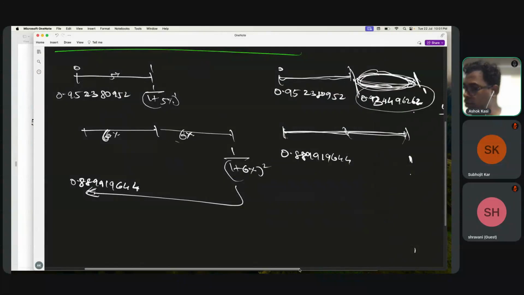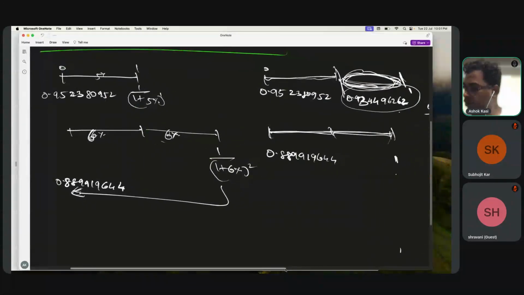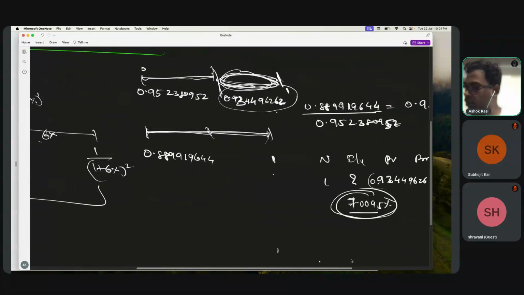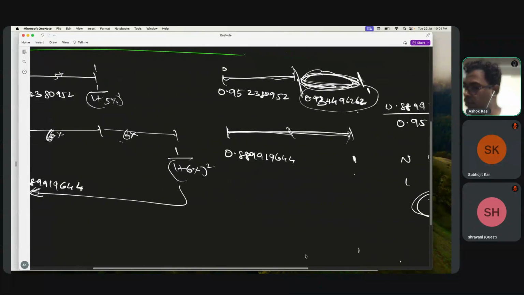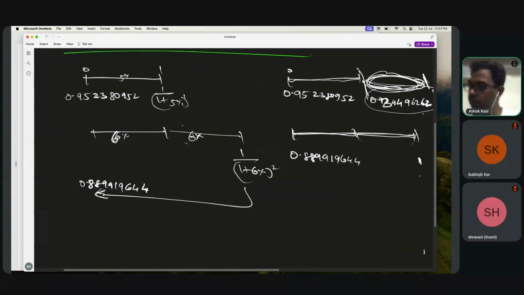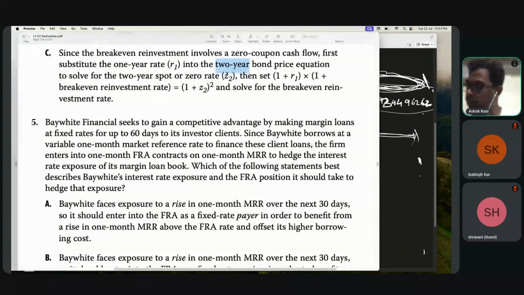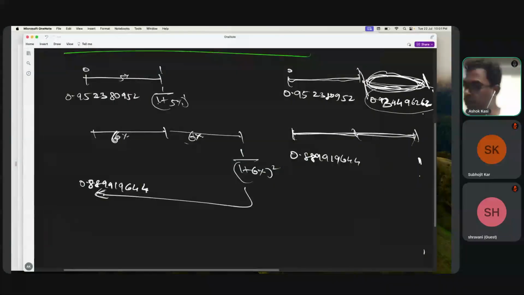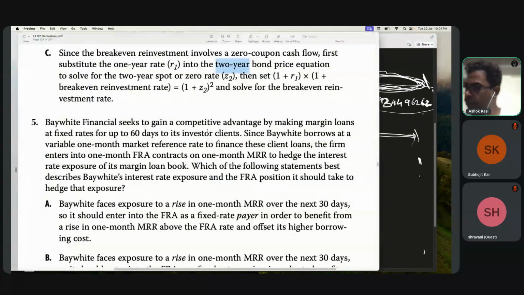So that means, again there is no number given here, but I have taken the number and done it on my own. But the number means this one only.